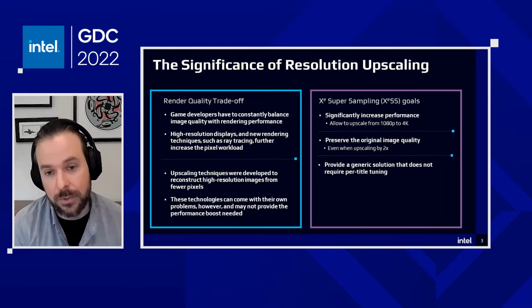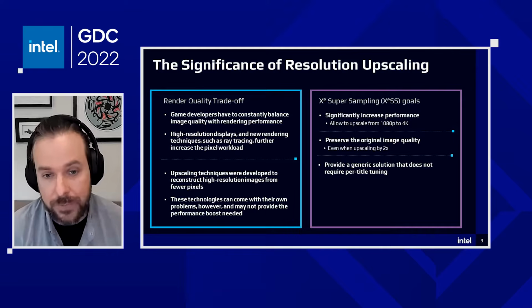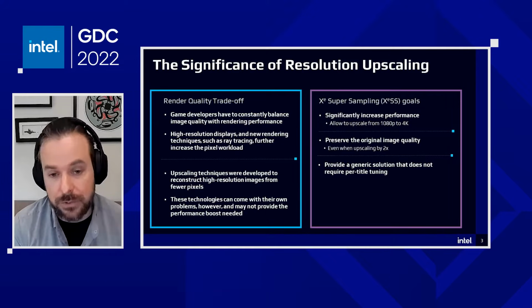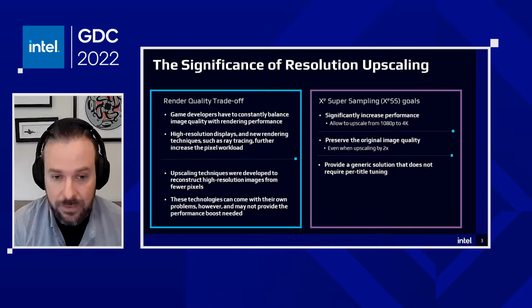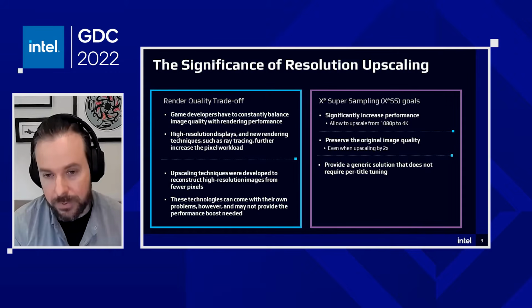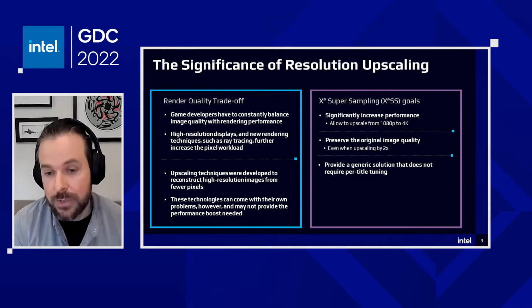We set a couple of goals for ourselves to create a solution that is also a viable upscaler. One of the most important goals is a significant performance boost when you use XeSS. This is to make it worthwhile for developers to spend time integrating this technology into their engine. And if we want a performance boost, you need an aggressive scaling ratio.